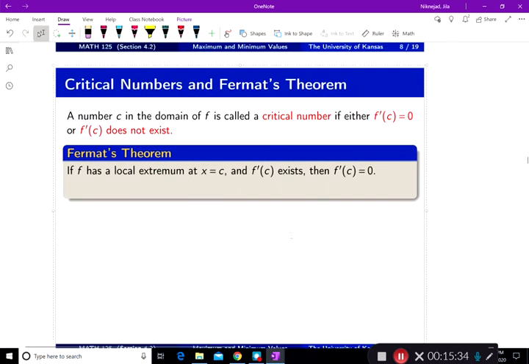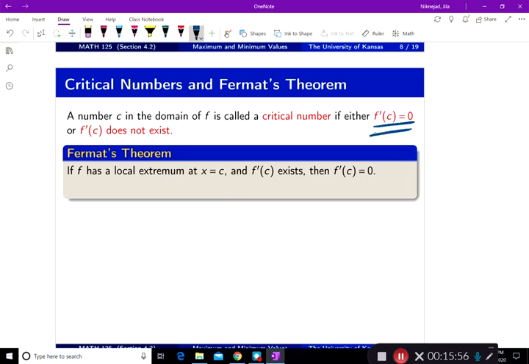Now we want to talk about critical numbers and Fermat's theorem. So Fermat, here's the thing. A number c in the domain is called a critical number if f prime of c is equal to 0 or f prime does not exist. So two conditions, don't forget this.